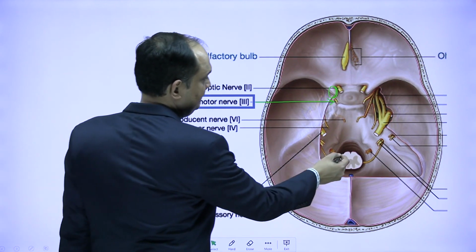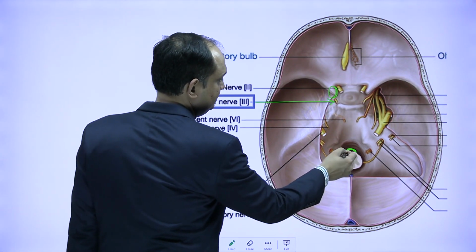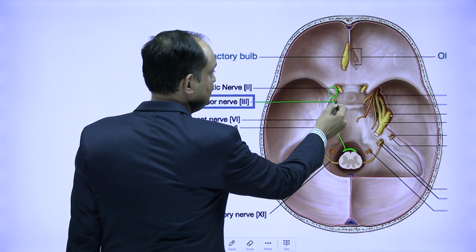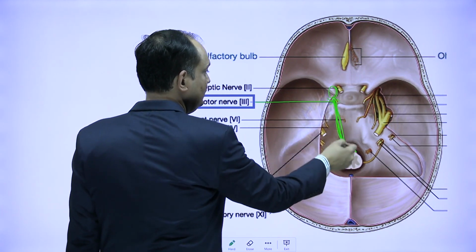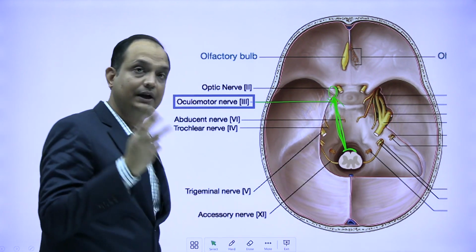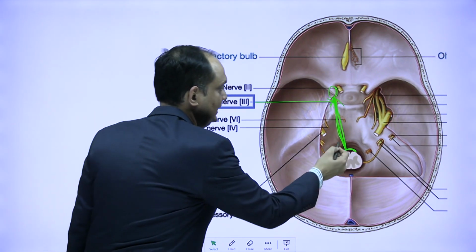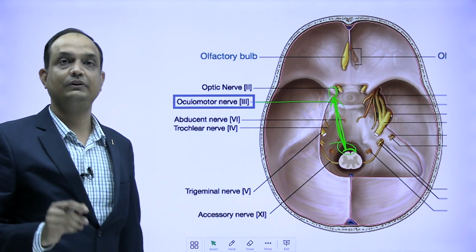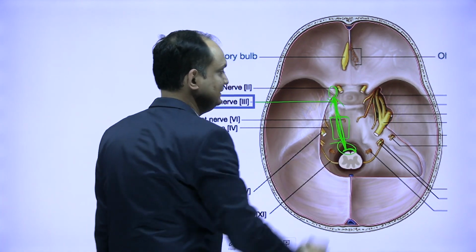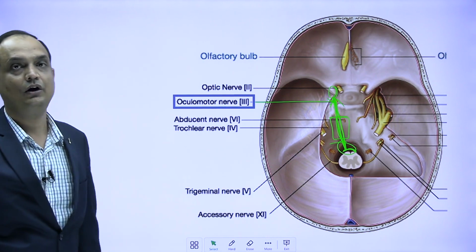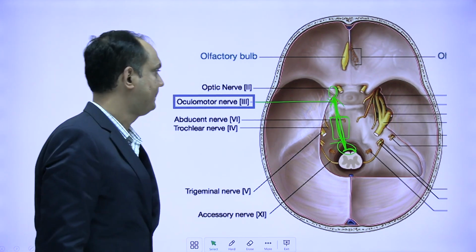So the nerve comes from the ventral surface of the midbrain and approaches till here, and in this pathway the nerve is related to arteries: one at the exit point, that is the branches of the basilar artery, and second in the area where it passes through the cistern of the interpeduncular fossa.